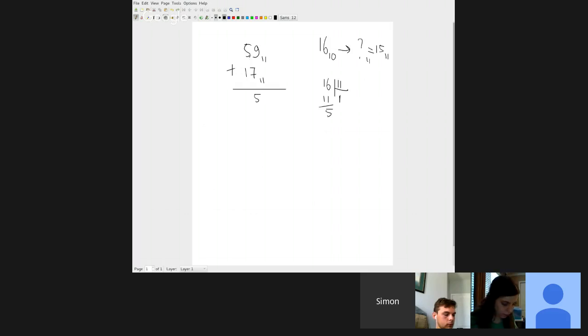My next placeholder is the result of the addition 5 plus 1 plus that extra 1, which gives us 7. The number 7 is less than base 11, so I can keep it as it is. In other words, it's a single digit number. So this is 75 base 11.